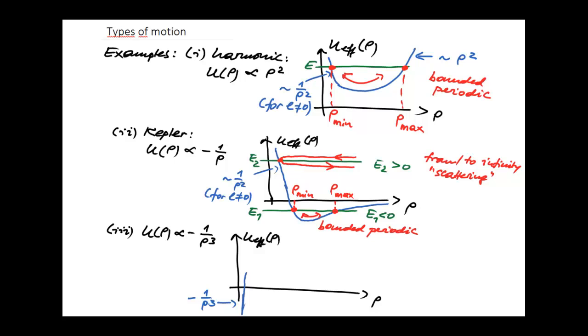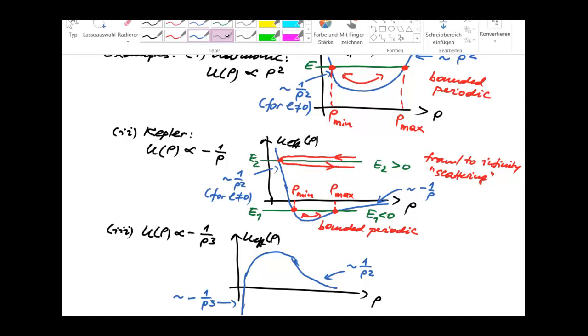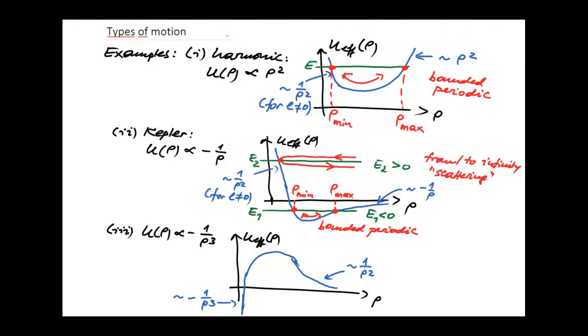It's the 1 over rho squared, so that goes to 0 like that, say, and then we interpolate between the two ends, so it looks approximately like that. And here again we have different types of motion.